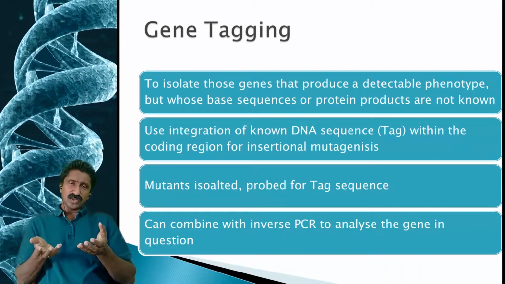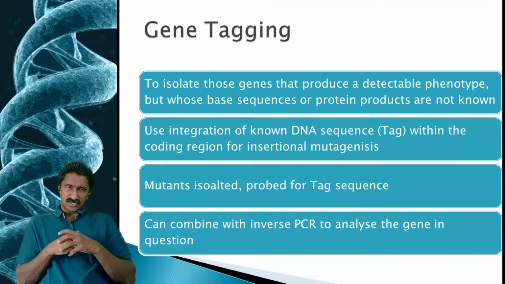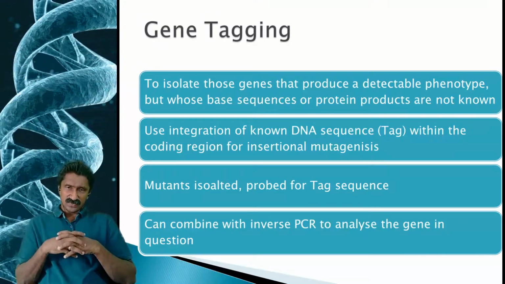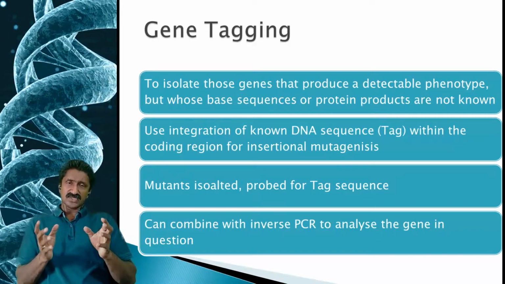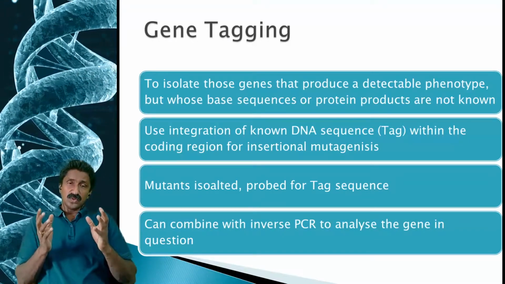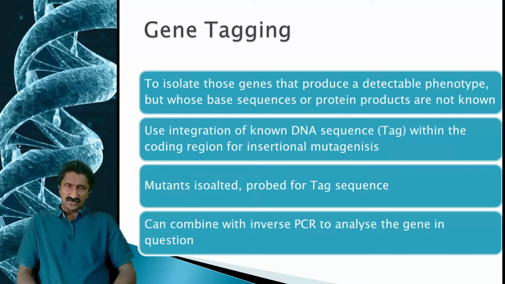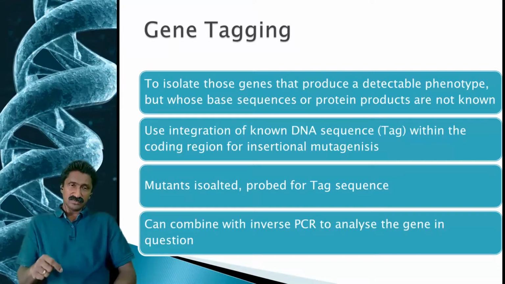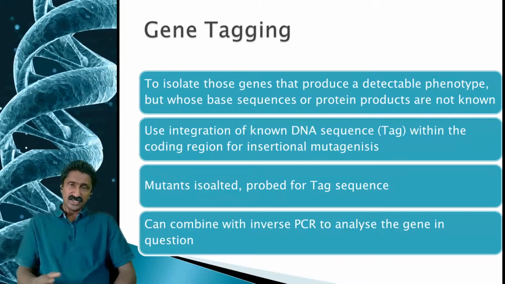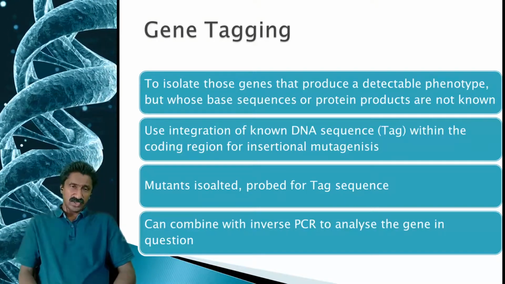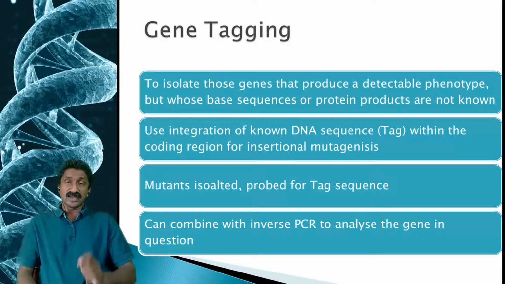And you want to isolate that particular gene and sequence it. But for specific identification and sequencing, you don't know the sequence of the gene. You know the phenotype. The expressible detectable phenotype is identified, but the gene is not located. In that case, you can tag the gene.